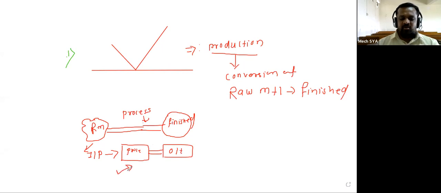Understood what is meant by production? Production is simply the conversion of any raw material into the finished product. First we bring the raw material, on it we carry out different types of processes, and with the help of those processes we convert the raw material into the finished product. This whole process is called the production.